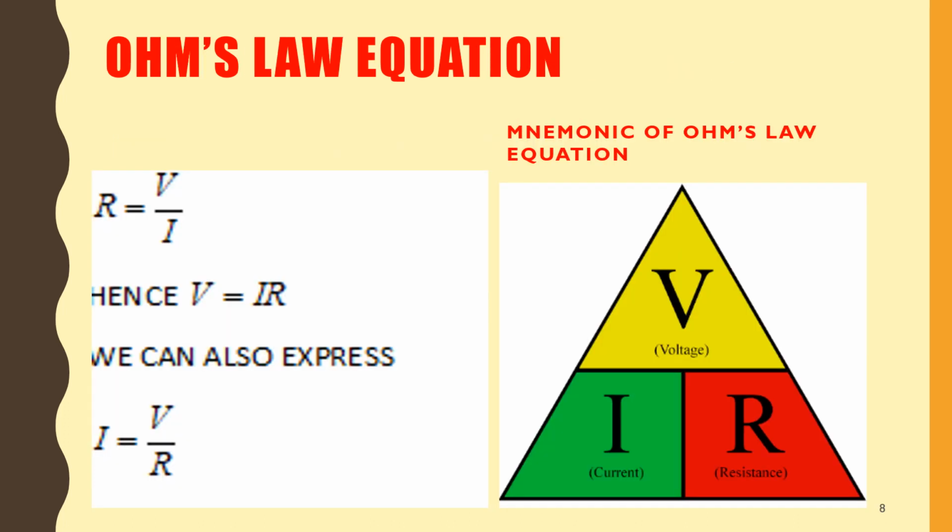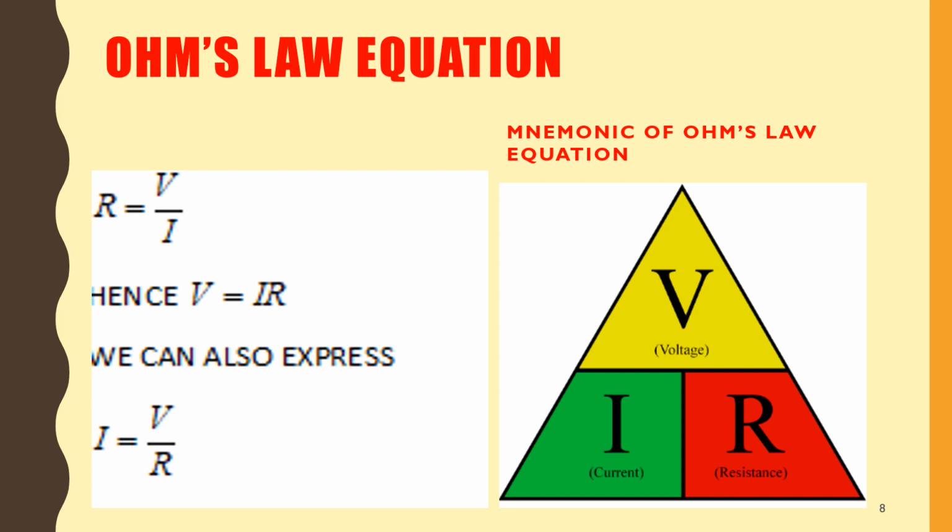Now, Ohm's law equation can be determined from the definition of resistance, since we've just said that resistance is the ratio of the potential difference across the ends of a conductor to the current flowing through it. So we can make an equation: resistance is equal to V, where V is the potential difference, divided by I, where I is the current.